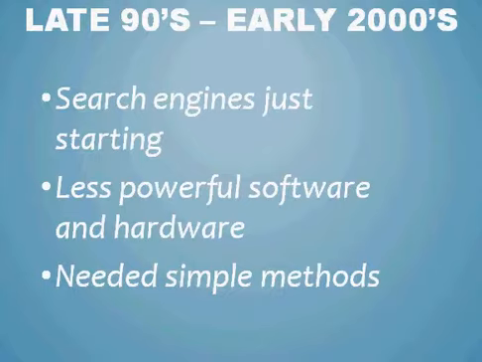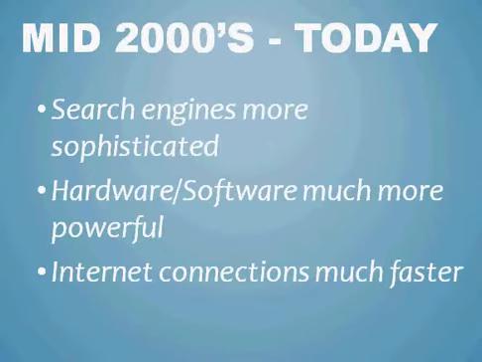And over time, as Google's business grew and they got more money from investors and they hired more people and more people were using it, they had the ability and the need to come up with more sophisticated ways of ranking websites. Ways that weren't as easy to game.